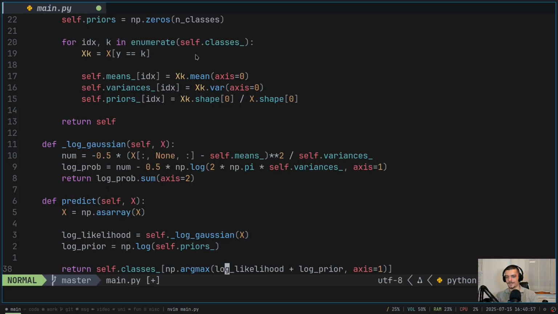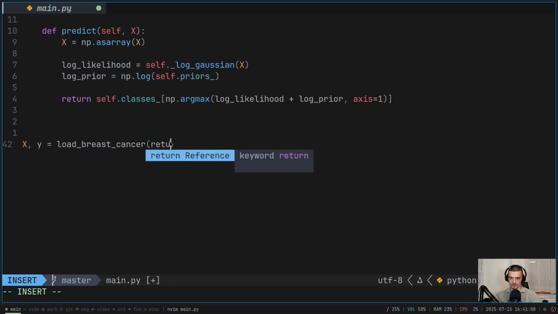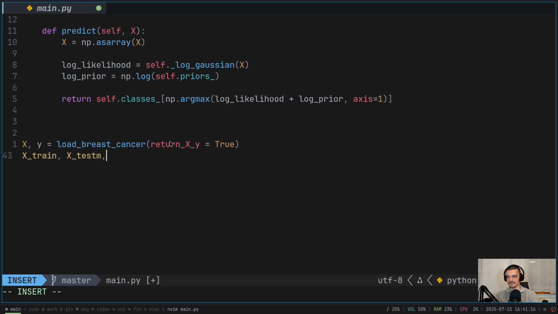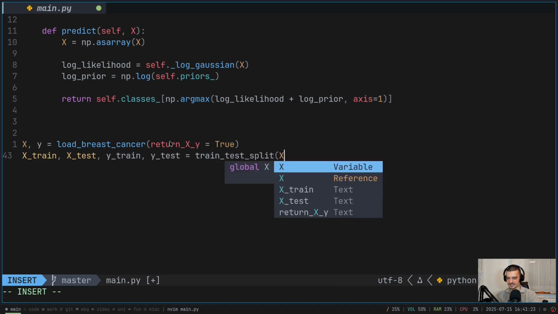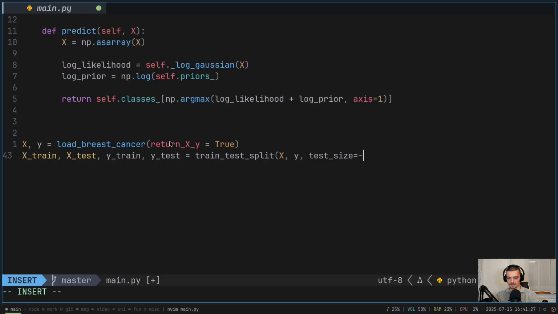Yeah. All right, and then we can use this just like any other classifier. So we load the data, X, y is equal to load_breast_cancer with return_X_y equal to True to not get this as a data frame. And then we do a train test split: X_train, X_test, y_train, y_test is equal to train_test_split performed on X and y with a test size of 0.2.